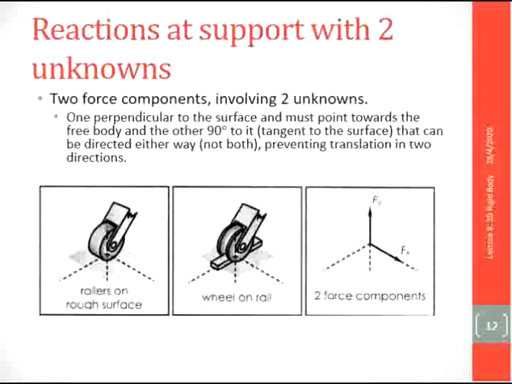This roller can move only in one direction. For example, here is Z, so the Z direction. So that's why the reactions are AY and AX.